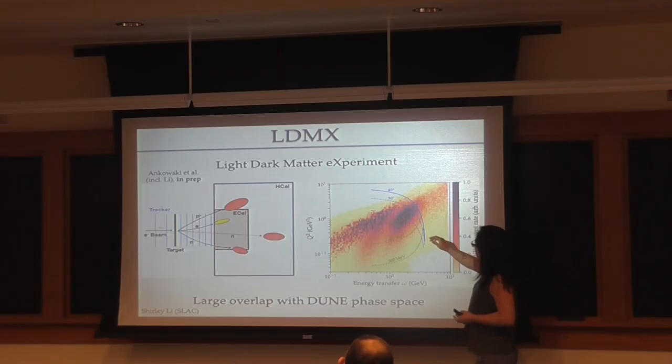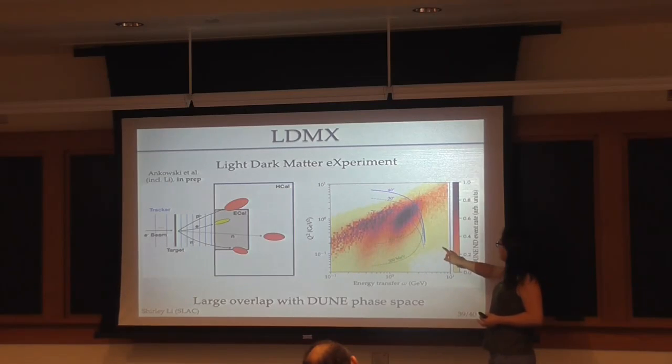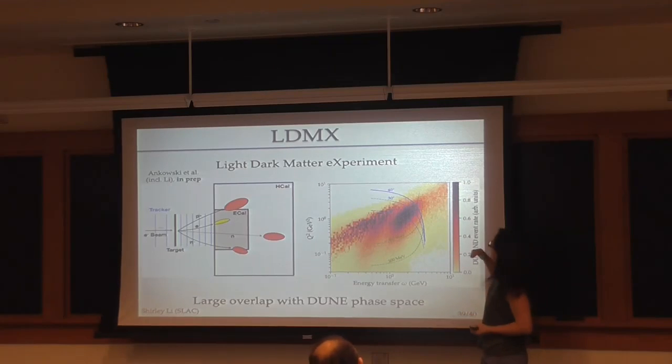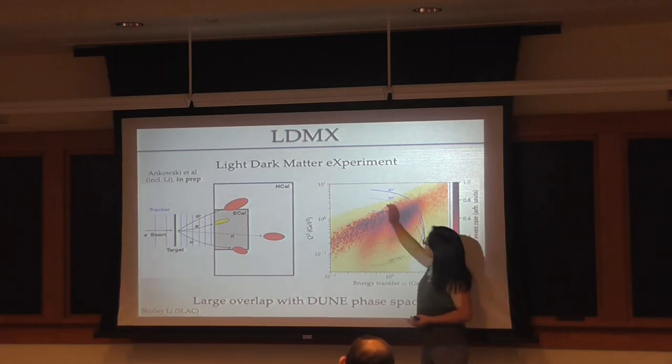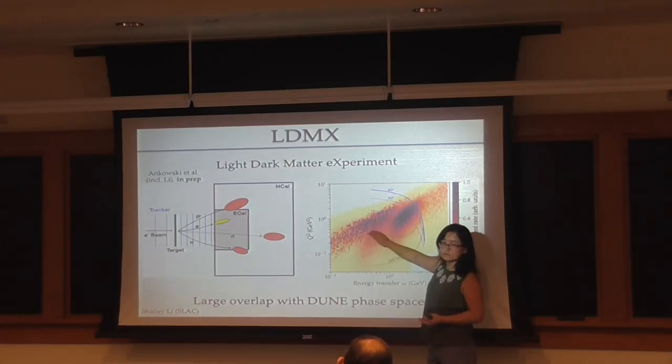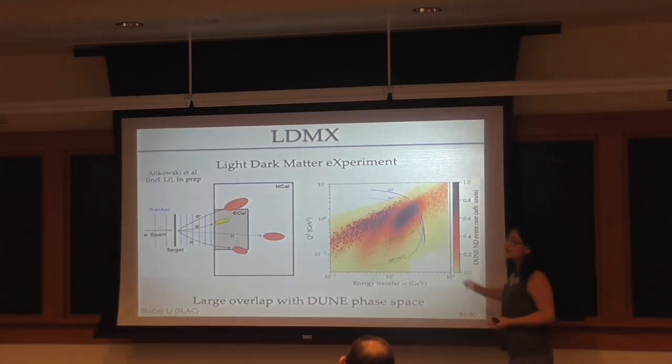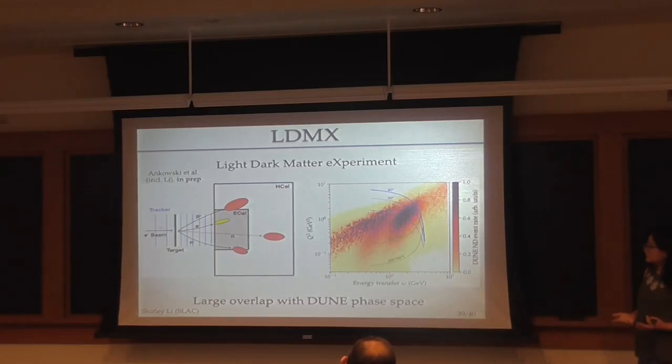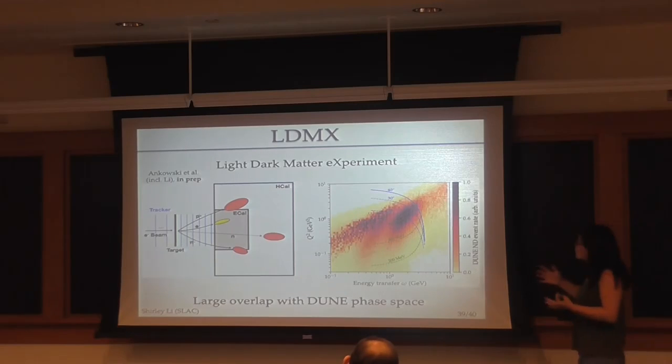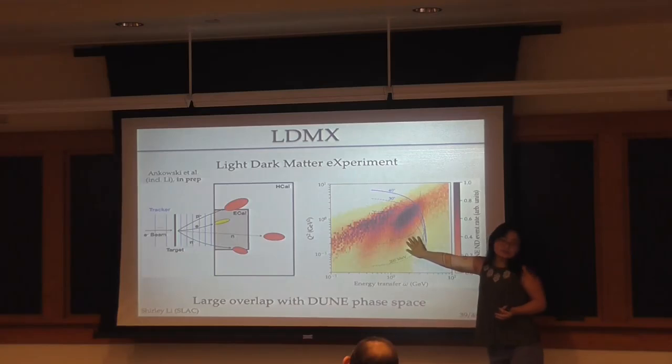This blue line indicates where we can probe with the highest scattered electron angle, which is 40 degrees. So LDMX can measure essentially everything below 40 degrees, everything below this line. So it has really great access to the most important kinematic region for DUNE.